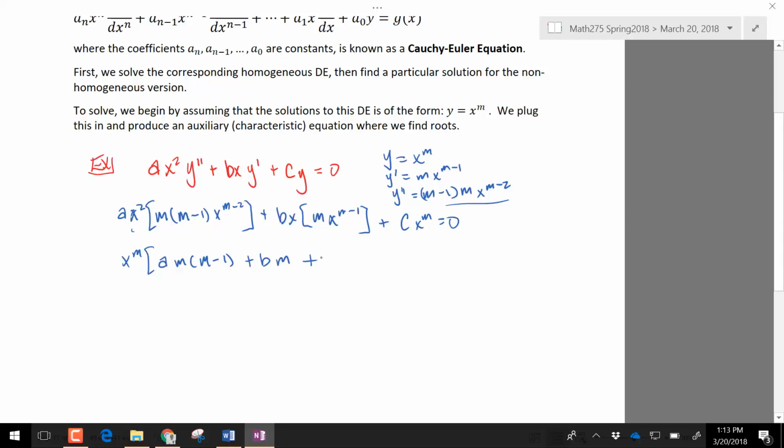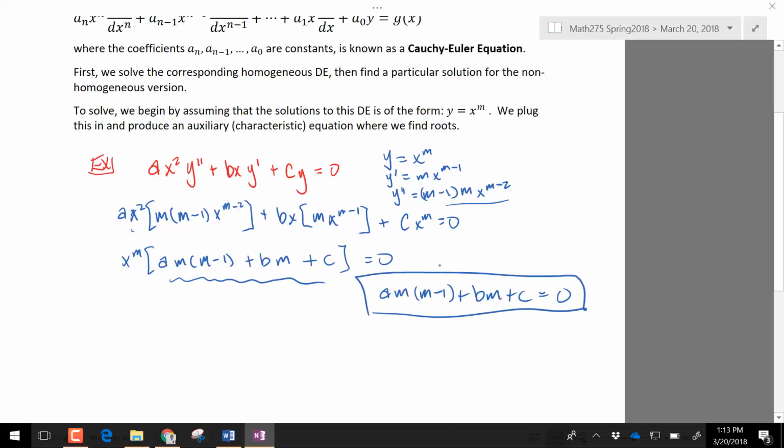That gets taken out, plus c is equal to 0. We're trying to solve for m to find powers that would work for a power function and make this a solution. So we ignore the x to the m, and then we get a m times m minus 1 plus b m plus c equal to 0.